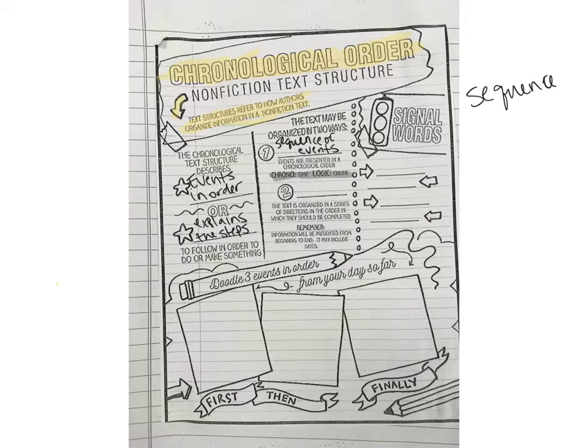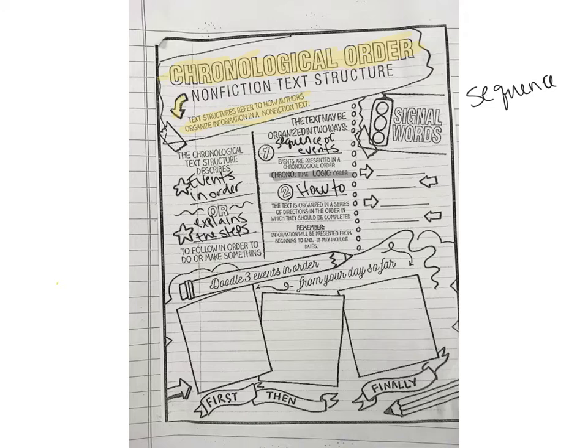Or it's organized in how to. The text is organized in a series of directions in the order in which they should be completed. Remember, information will be presented from beginning to end, and it may include dates. So if you see some dates, keep your eyes open.